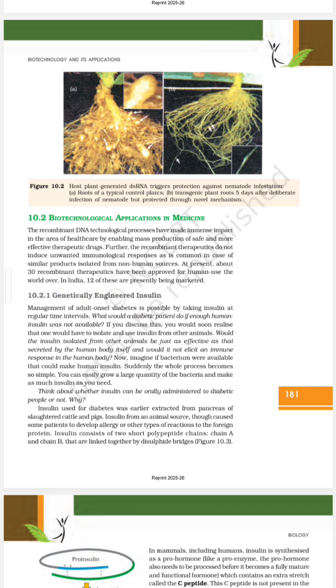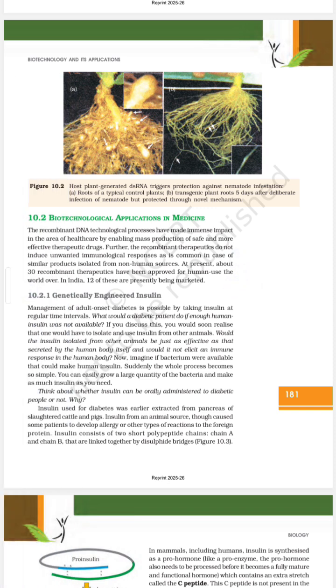At present, about 30 recombinant therapeutics have been approved for human use the world over. In India, 12 of these are presently being marketed. This information is very important.